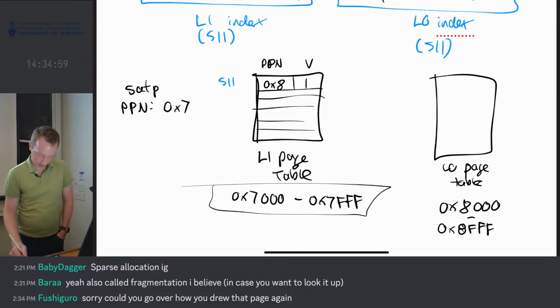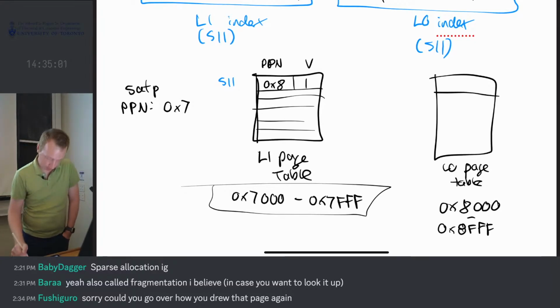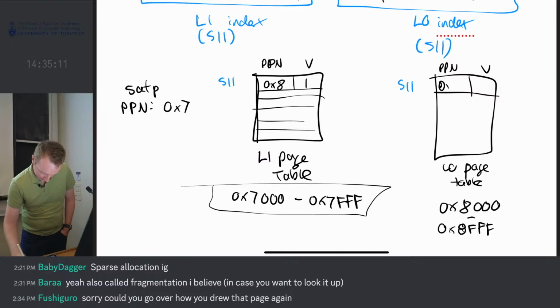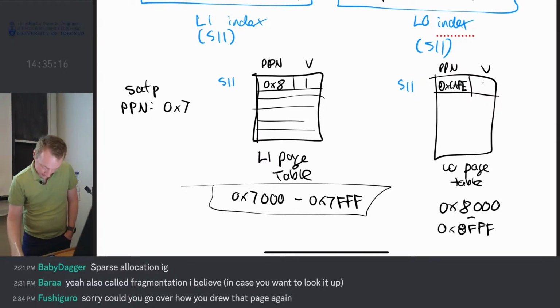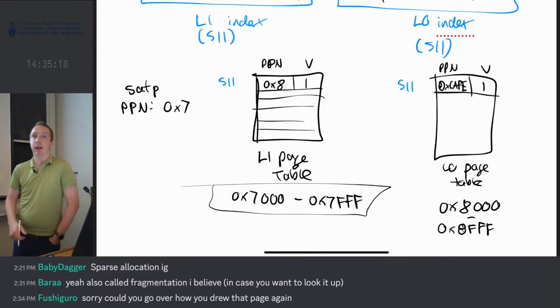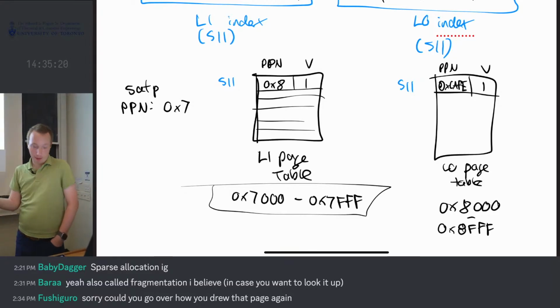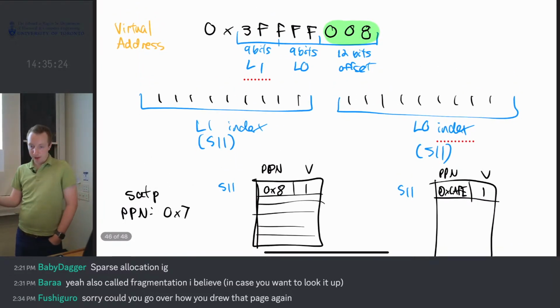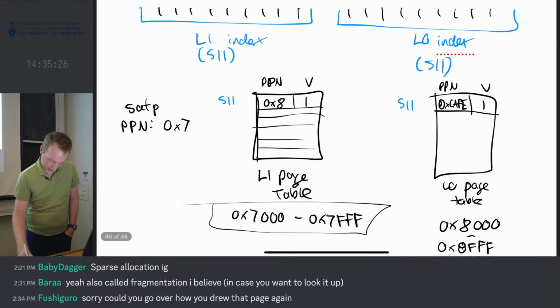So in order to translate this address, there would need to be something at 512, and then it could have a physical page number of something like CAFE with a valid bit, in which case, if that is what is there, then I could translate the address. So I keep the offset the same.